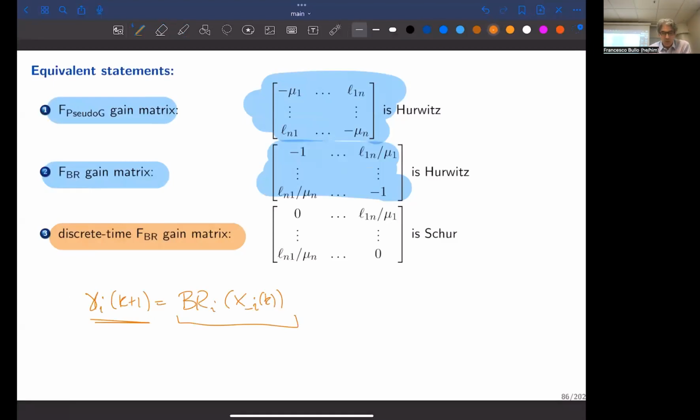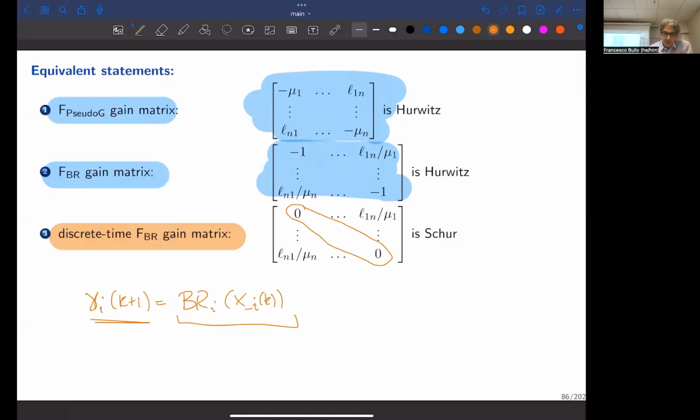So what is the Jacobian of this quantity with respect to itself? If I take the partial with respect to x_i of the right-hand side, how much do I get? 0, because the right-hand side does not depend upon x_i. So I have a 0 here, right? So the Jacobian matrix for the discrete time best response has 0 on the main diagonal.